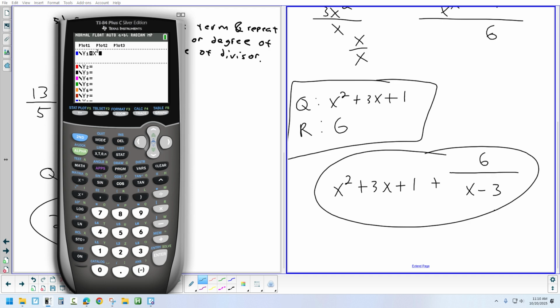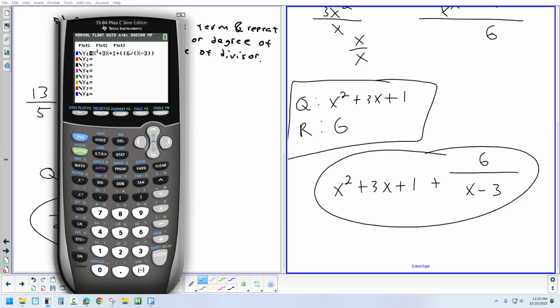So we've got x squared plus 3x plus 1 plus, you're going to have to do this in parentheses, 6 divided by x minus 3. Okay, so that's what I got for an answer.